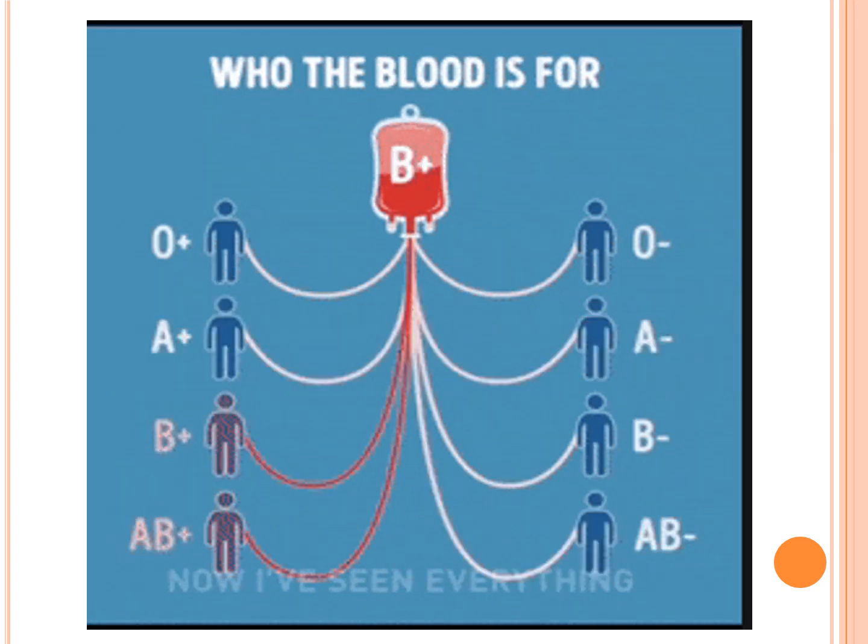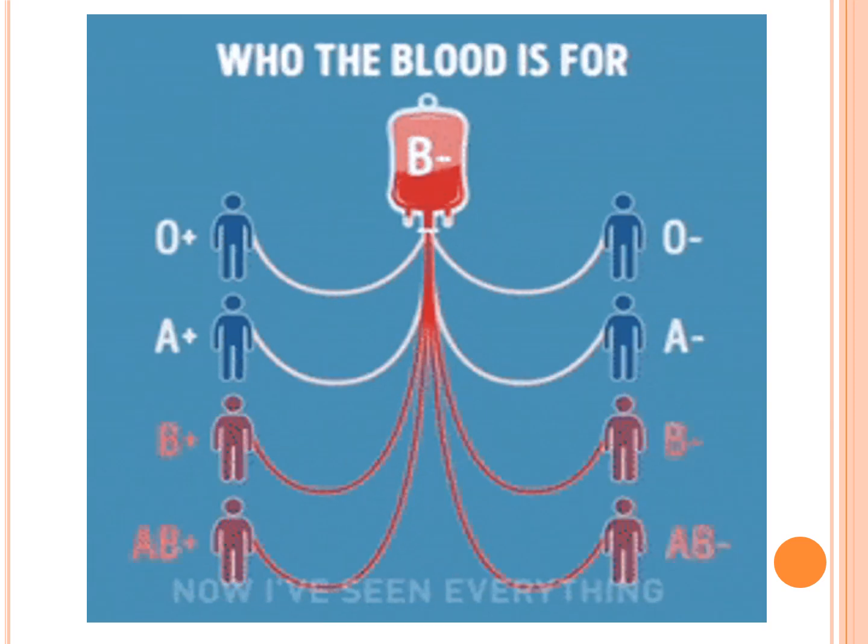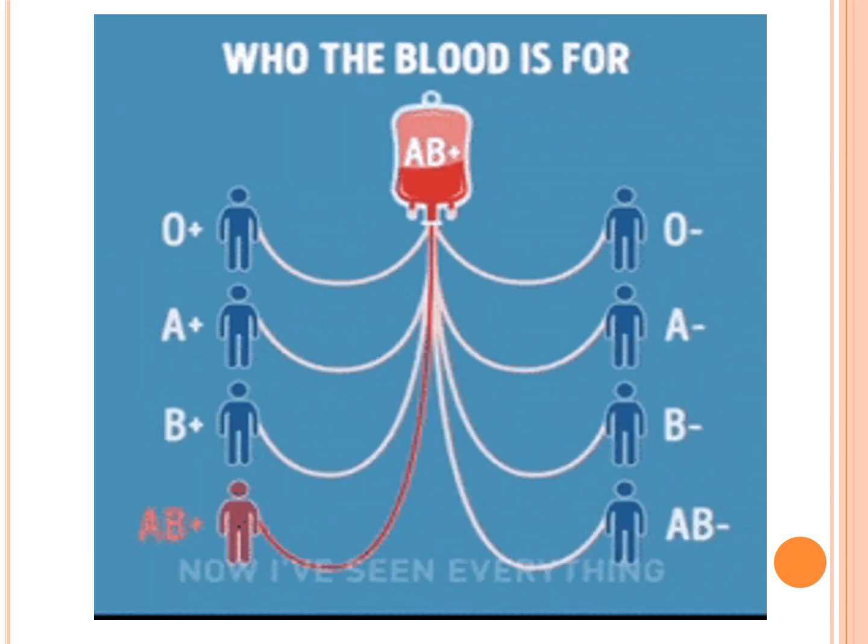If the person is B positive, he can give it to B positive and AB positive. If he is B negative, he can give it to B positive, B negative, AB positive, AB negative. If the person is AB positive, he cannot give his blood to any other person other than the same blood group.